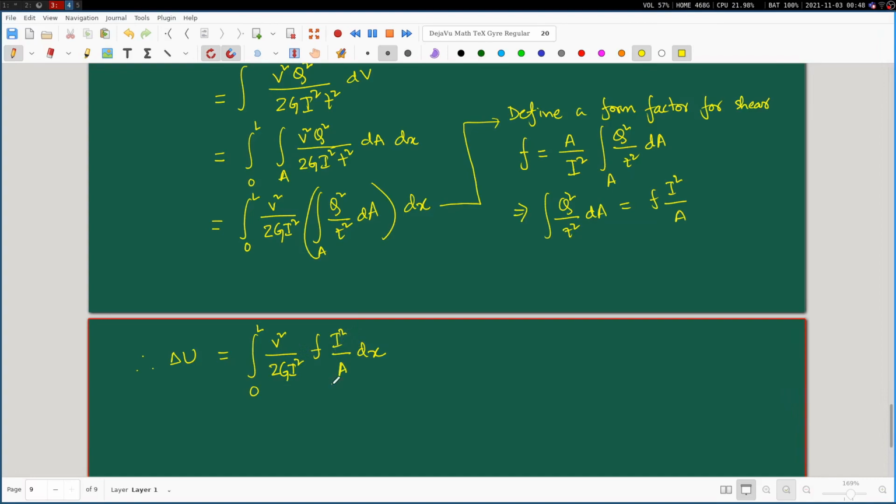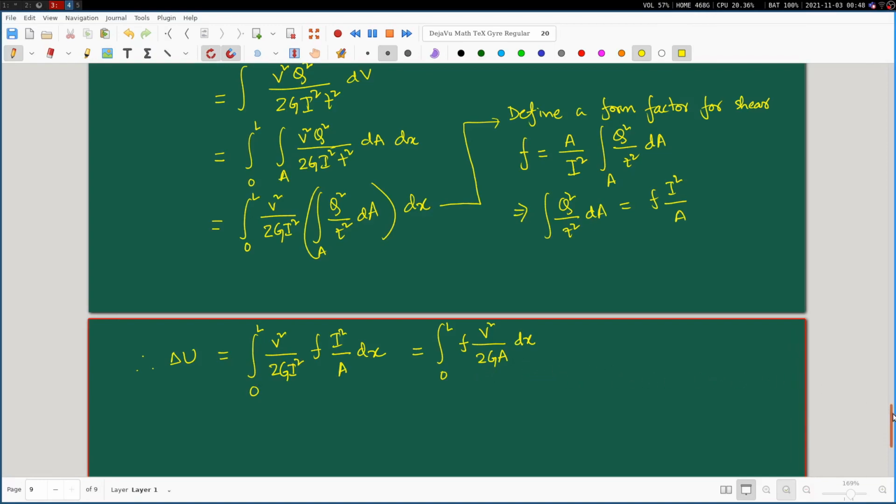This I square cancels with this I square, and we are left with integration 0 to L of F, the form factor written first, times V square by twice G A dx. Please note that the form that we have obtained for this delta u associated with the transverse shear has the same kind of form that we were obtaining earlier.